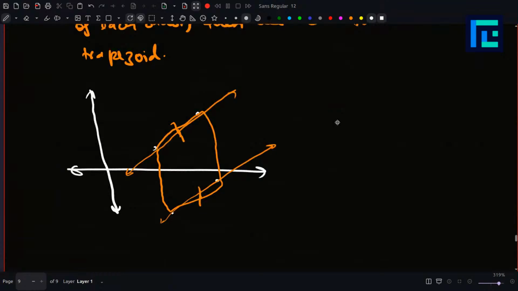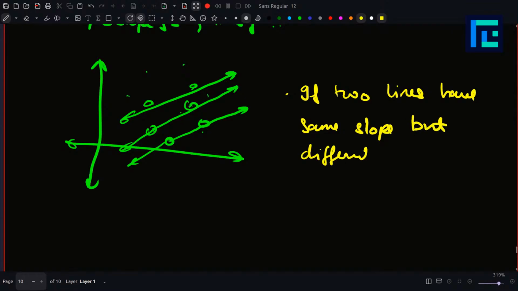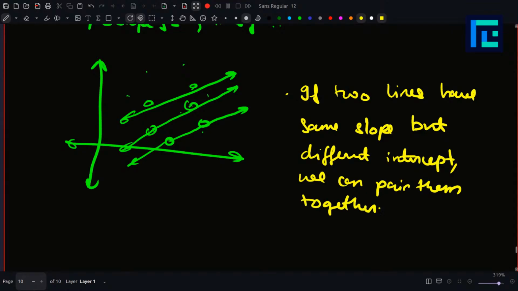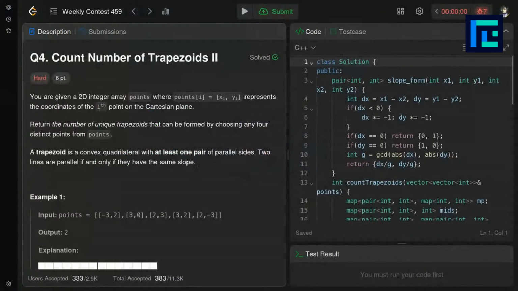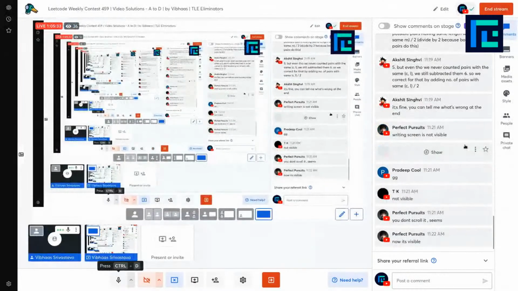Basically, if two lines have the same slope but different intercept, we can pair them together. I hope that makes sense. So if they have the same slope and different intercept, we can pair them together.